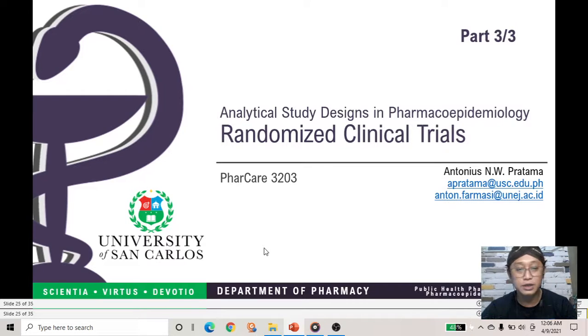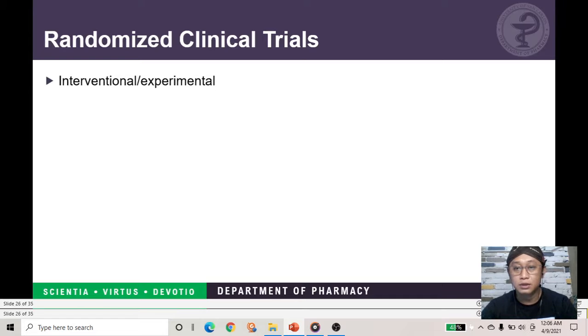So randomized clinical trial is sometimes also called randomized control trials, but they have the same abbreviation, the RCTs. This is the only interventional or experimental design in the study designs in pharmacoepidemiology. So what does it mean with the intervention?